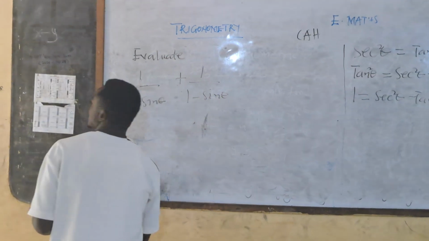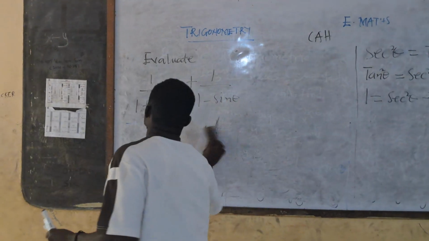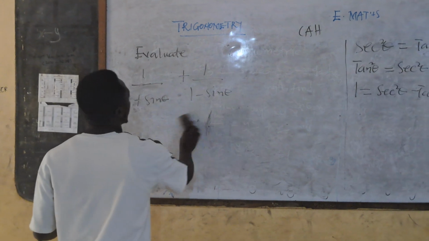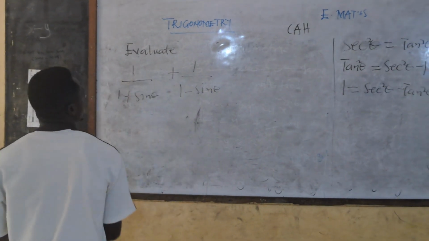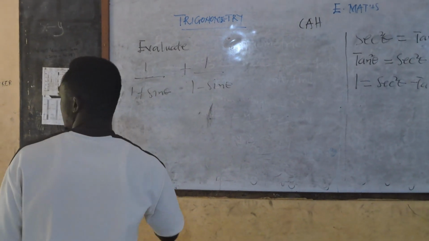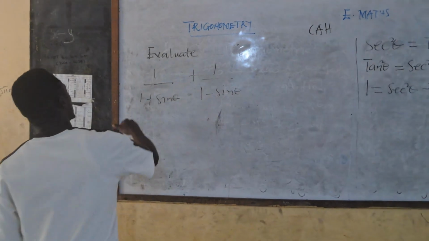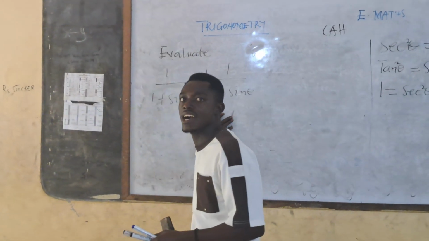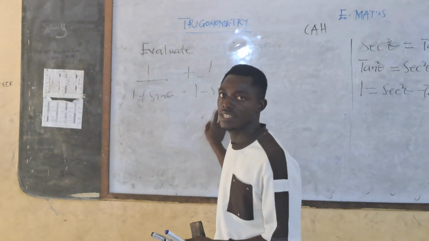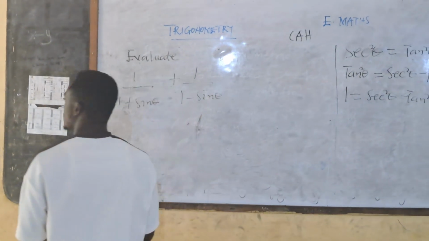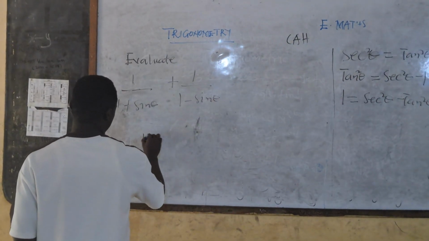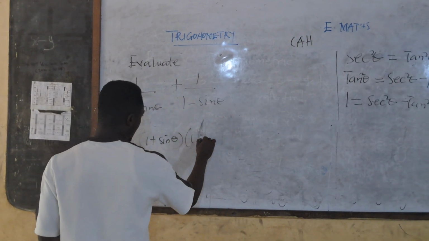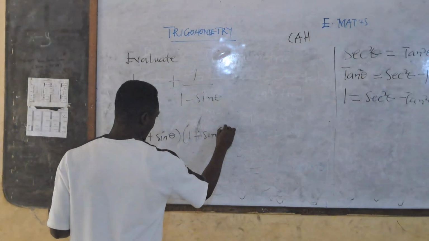So we have a question: we should evaluate 1 over 1 plus sine theta plus 1 over 1 minus sine theta. As you know, the first thing to do is look for the LCM. And the LCM is 1 plus sine theta times 1 minus sine theta.